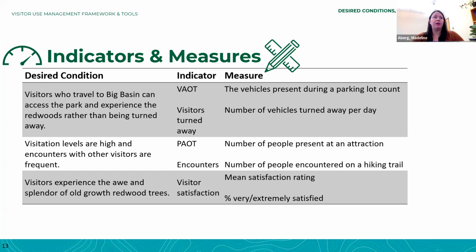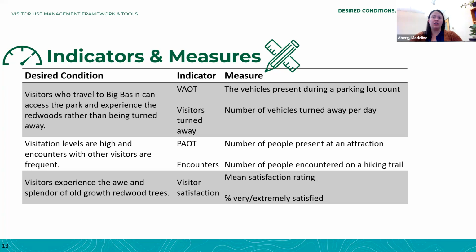This is a good example of the fact that you can have multiple potential indicators for the same desired condition. And so in some projects or many cases, you'll have to work to refine your indicators and really make sure that you're using appropriate indicators to measure that desired condition, and also indicators that can be tracked and analyzed reliably.